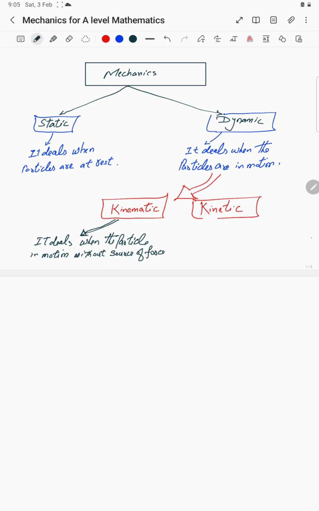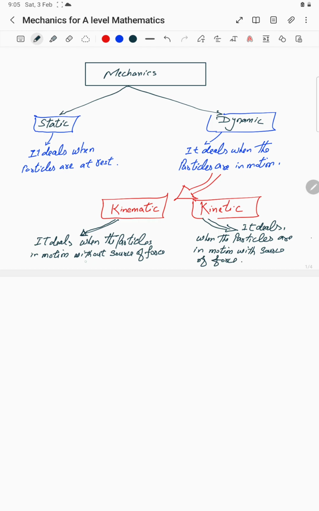And kinetics deals with particles in motion with a source of force.